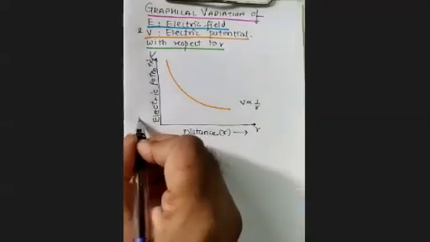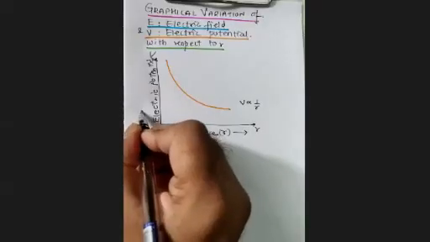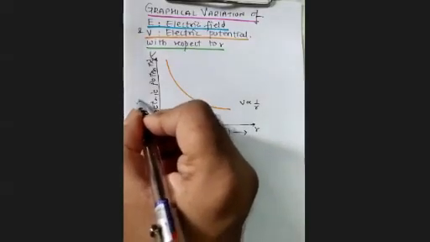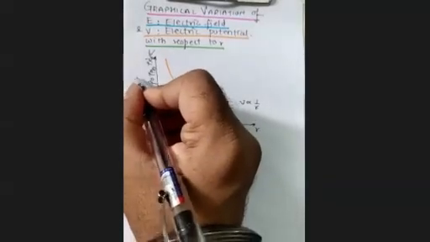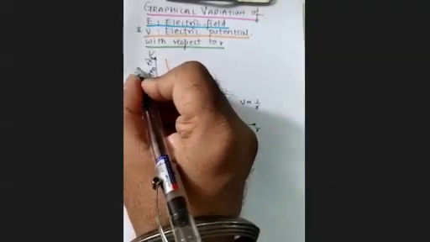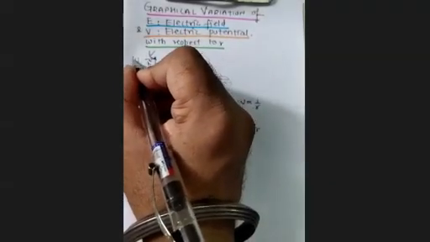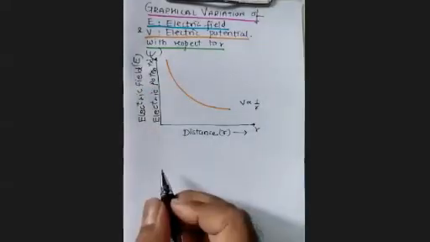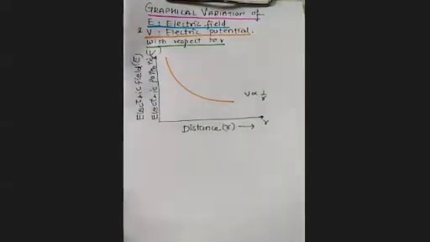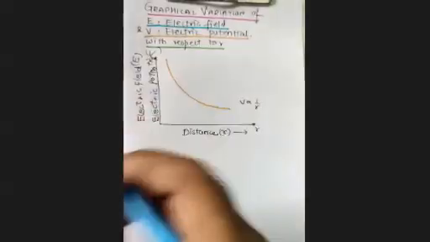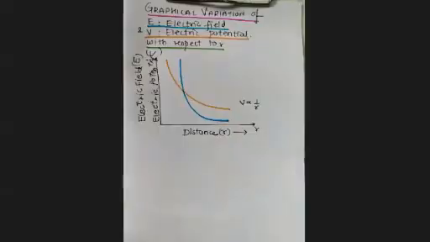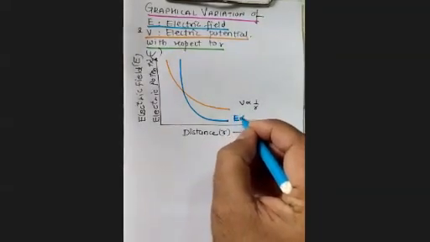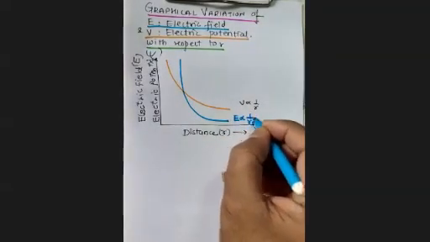And when we talk about electric field, that is E, then the graph is represented as, थोड़ा steep ऐसा होता है, क्योंकि E is proportional to 1 upon R square.